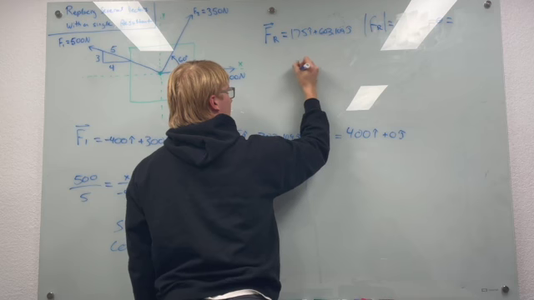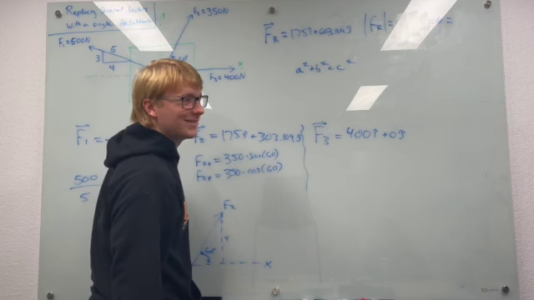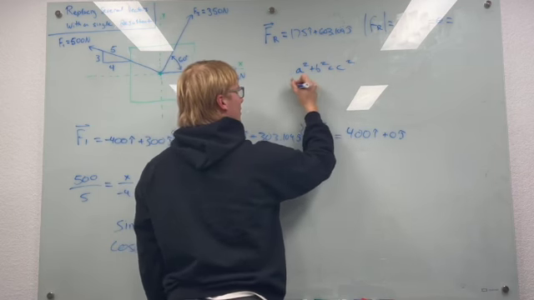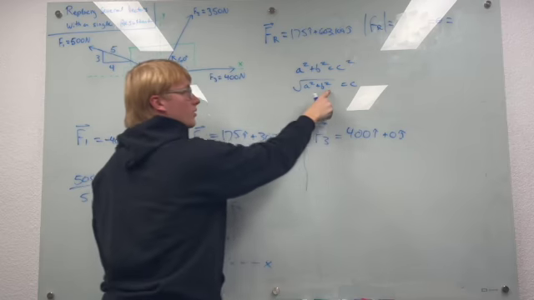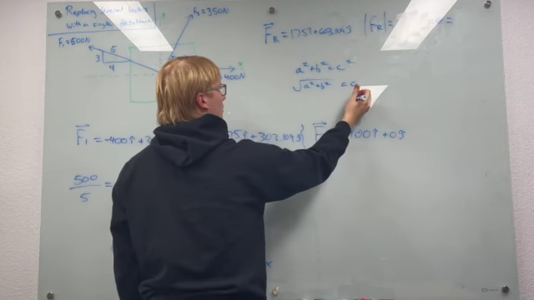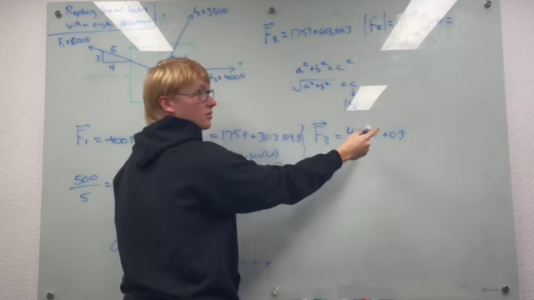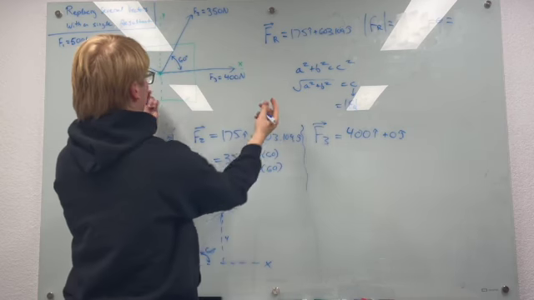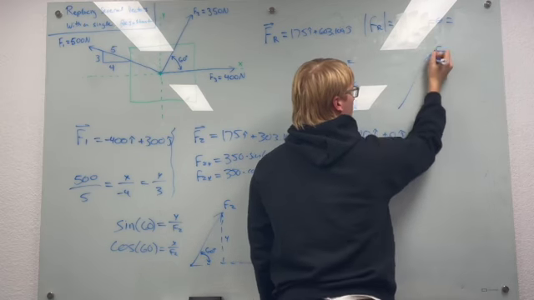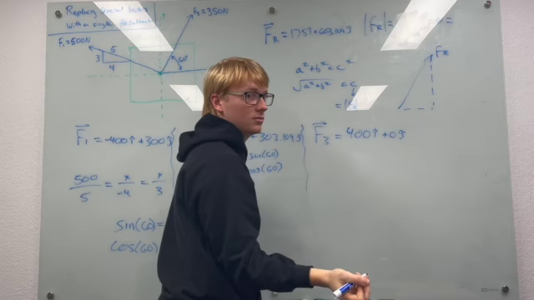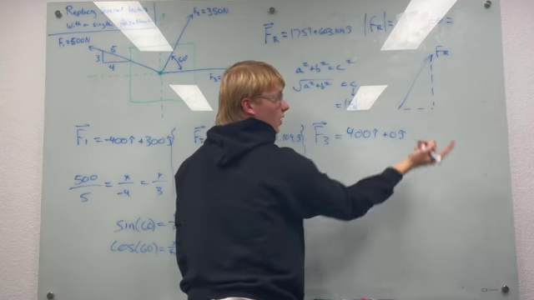And so, you ever seen that before? Yeah. If you solve for c, that's what you get, right? Mm-hmm. And so c is going to be our magnitude of the resultant force. This is our resultant force. This is the y component, and this is the x component of it. So a squared plus b squared is going to equal c squared. A and b are x and y components.